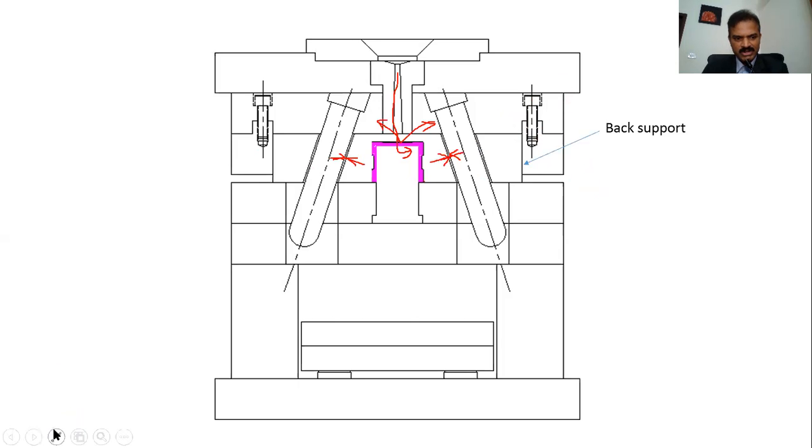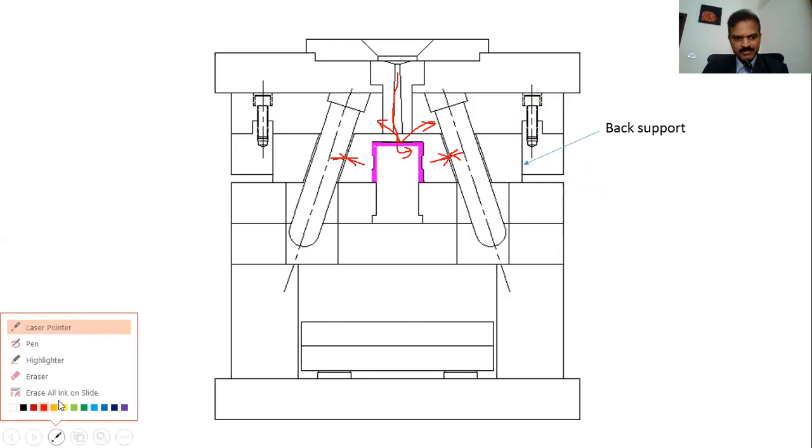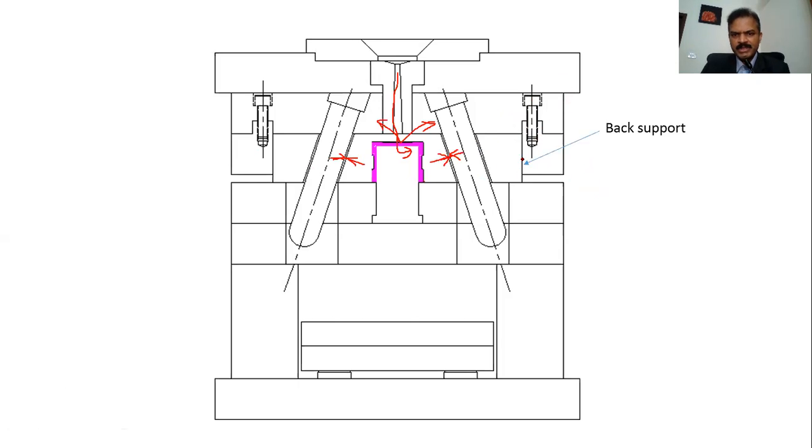Now let's see what will happen if it is straight. This back support is designed straight. Now what will happen when the slide is moving? Let's see that this finger is at an angle, right? The finger is at an angle. So this is the slide.